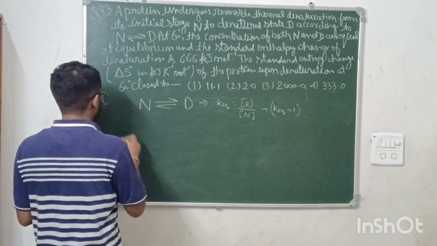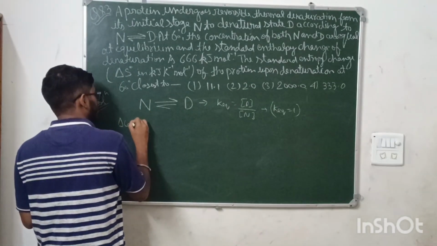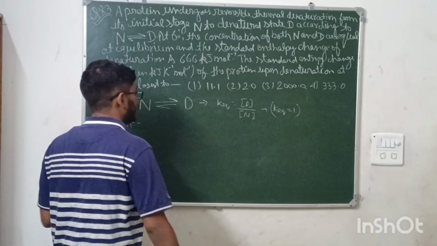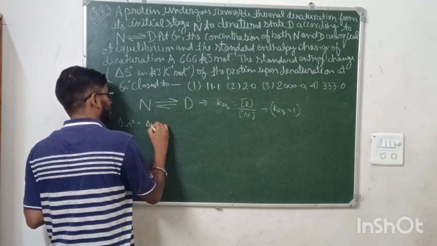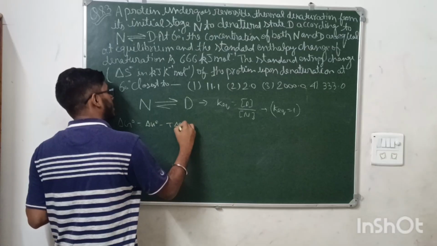Now you know one formula, the relation between the Gibbs free energy, enthalpy and entropy: delta G naught is delta H naught minus T delta S naught.